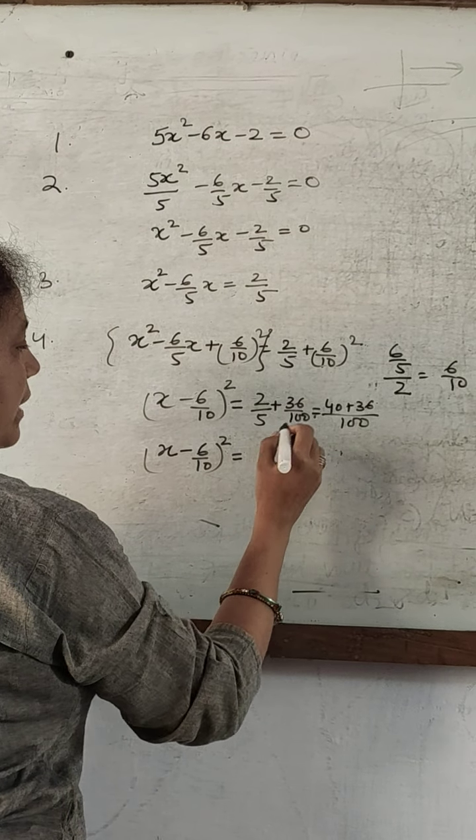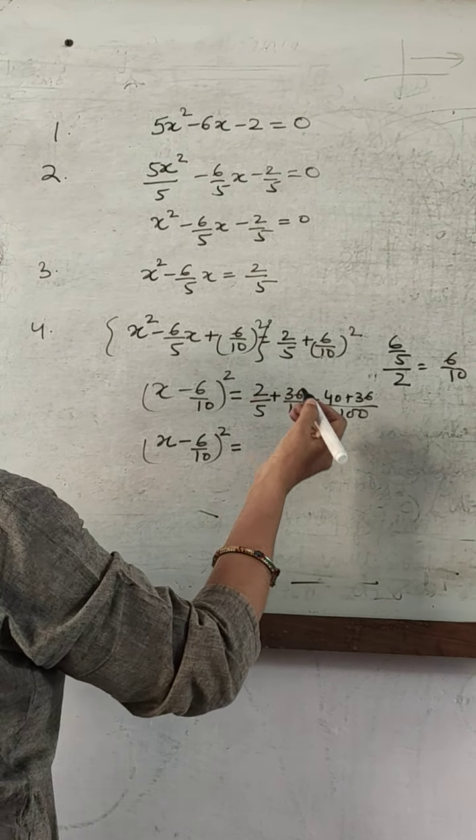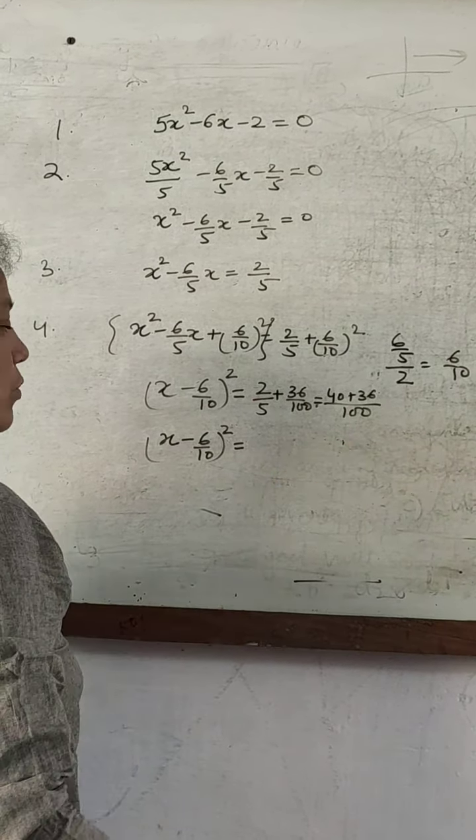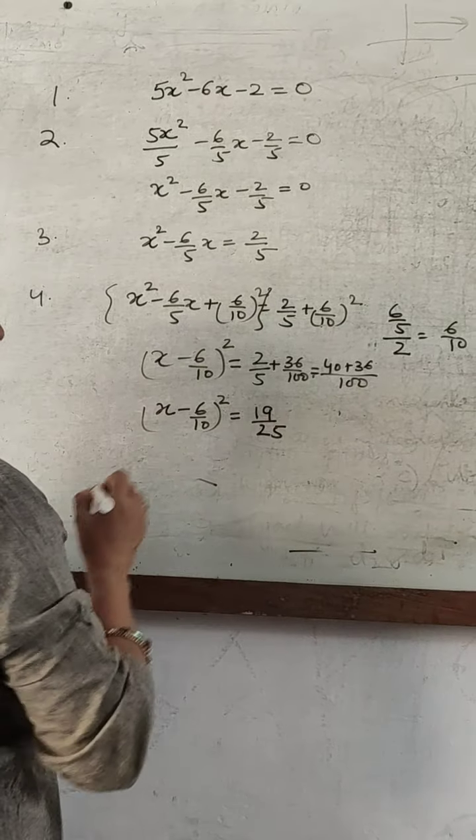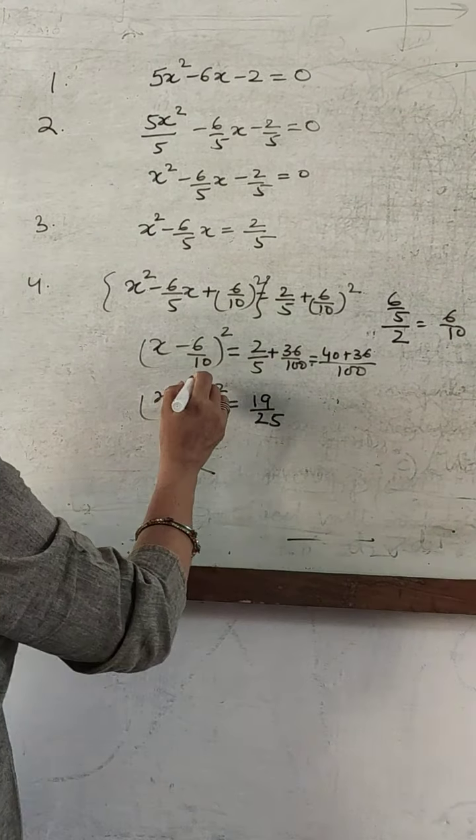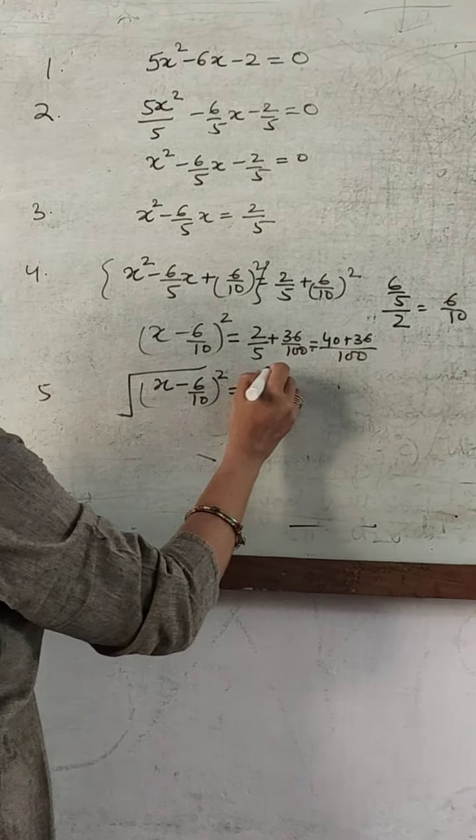If I divide by 4 on both numerator and denominator, I get 19 by 25. The next step is take square root on both the sides.